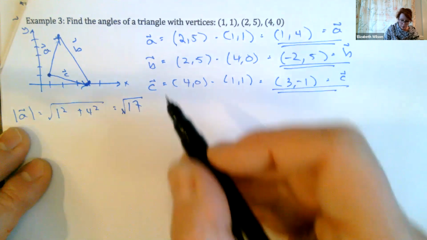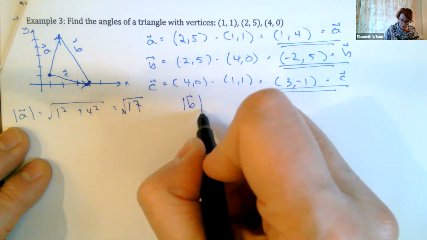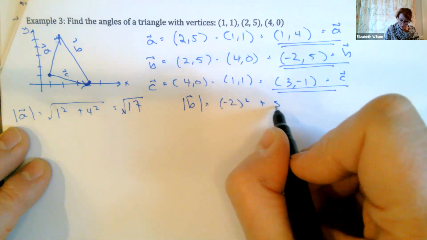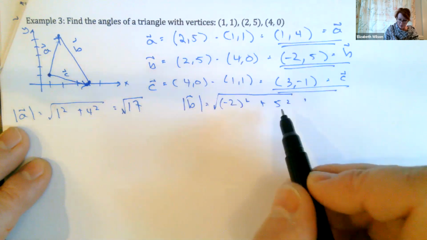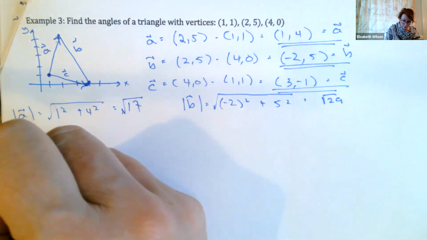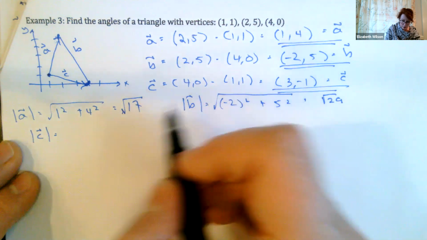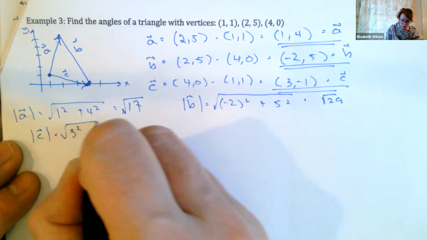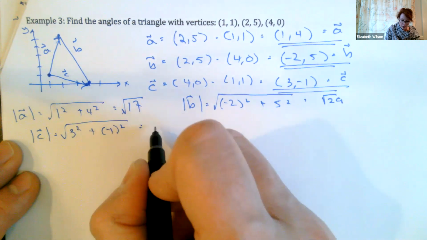Magnitude of B: minus 2 squared plus 5 squared, so 4 plus 25, radical 29. Magnitude of C: 3 squared plus minus 1 squared, so 9 plus 1 is 10, radical 10.